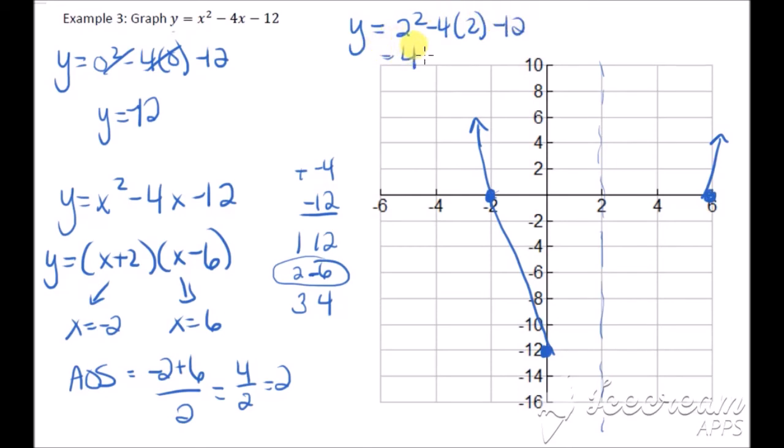I get 4 minus 8 minus 12. So this is negative 20. So on that axis of symmetry, which is 2, it occurs at negative 16. And then you go ahead and label your graph.